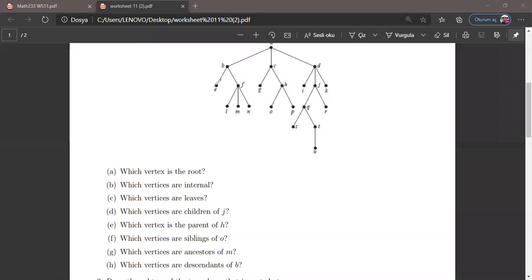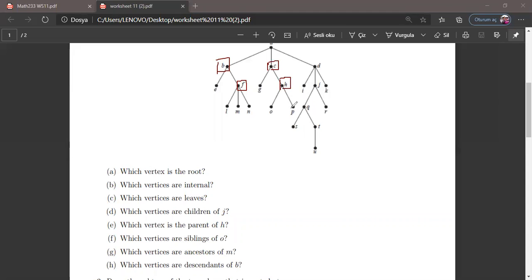For example, B has a child, E, and also F. F has a child, L, right? So B is one of the internals, and F is also an internal because it has, for example, three children. And C is also an internal because it has two children, right?